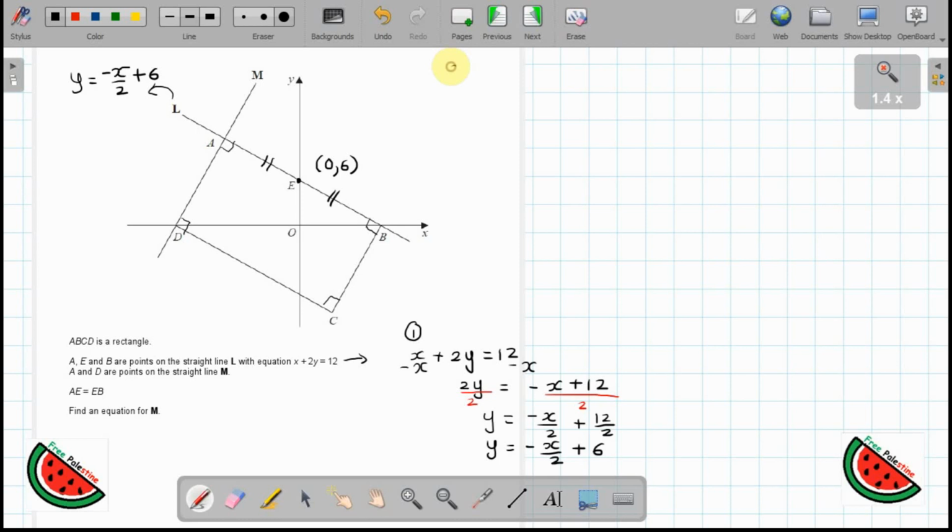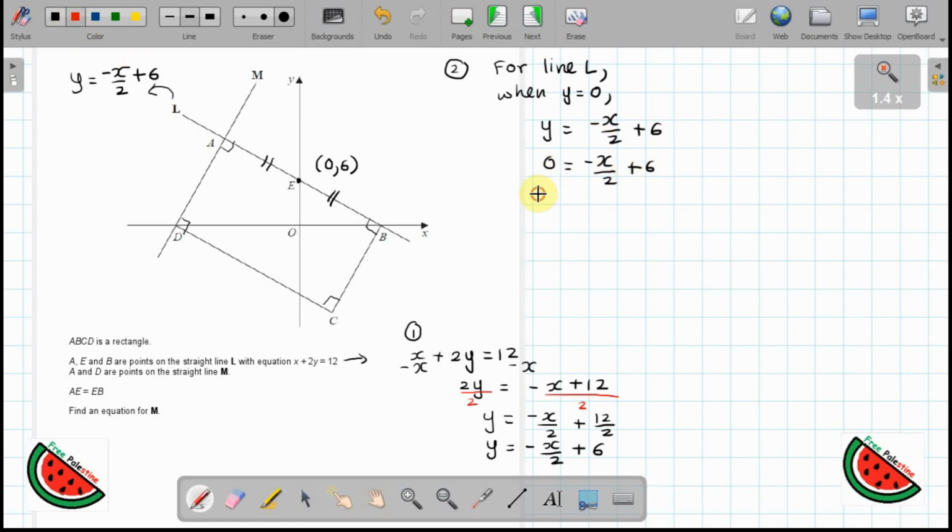So I'm going to do step 2 here for line L. When y equals 0, the equation is y equals minus x over 2 plus 6. So 0 is equal to minus x over 2 plus 6.